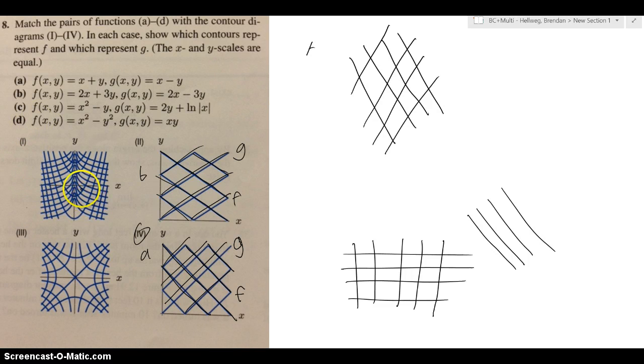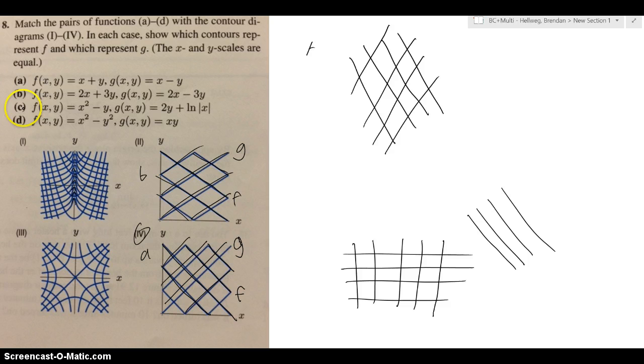1, on the other hand, if we look at it, we see these huge dips all over the place, and those to me suggest that there is a great increase or decrease in value. Unfortunately, with contour diagrams, unless they're labeled, it's not possible to tell if it's an increase or decrease, but that doesn't matter in this case.